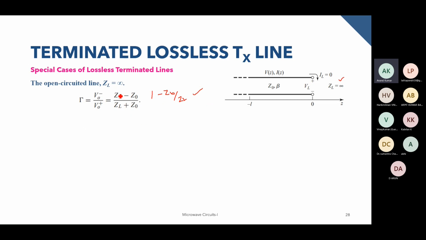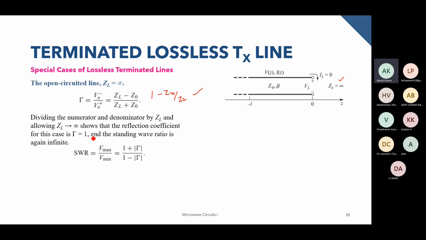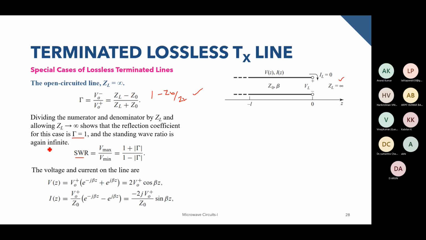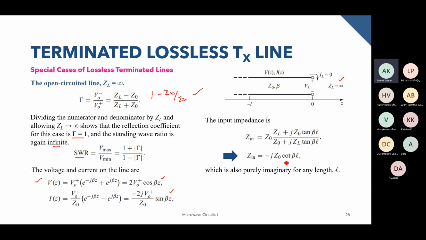We substitute the value of ZL under the limits, and we find that the reflection coefficient turns out to be equal to 1, and for either 1 or minus 1, the standing wave ratio will turn out to be infinite. Substituting the values for both voltage and current, we get these expressions. Similarly, for the input impedance, this will change from tan to cot.